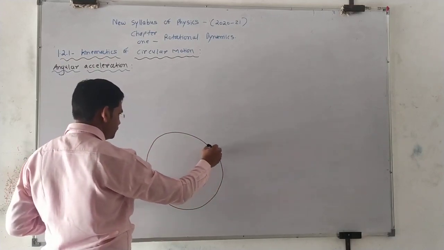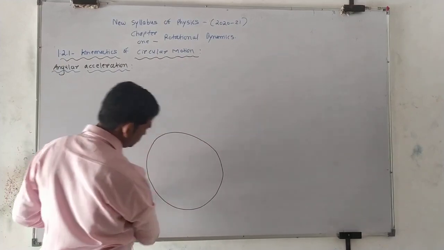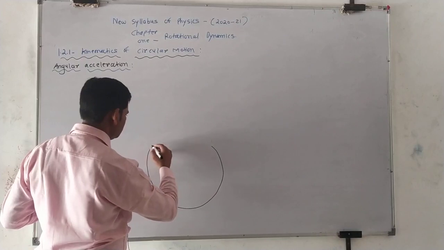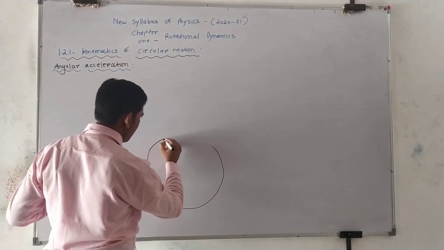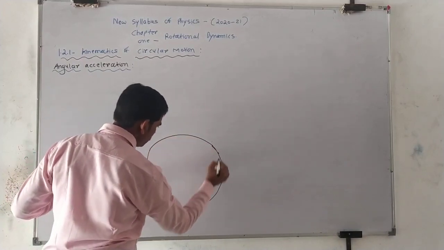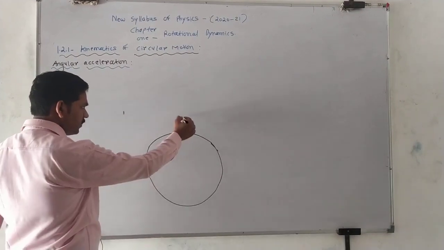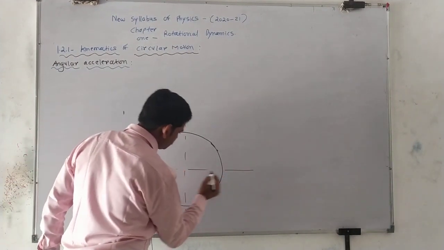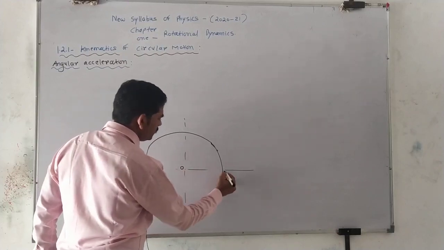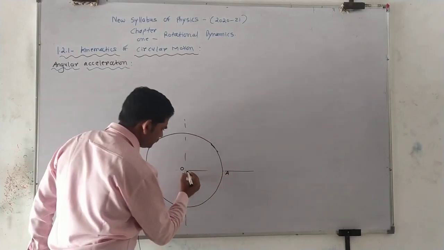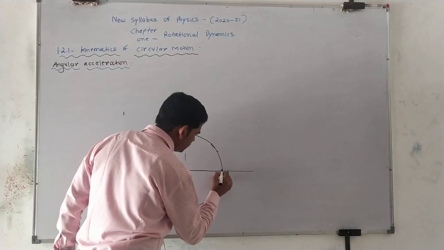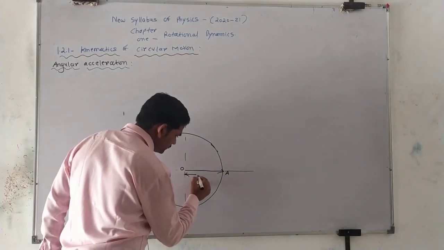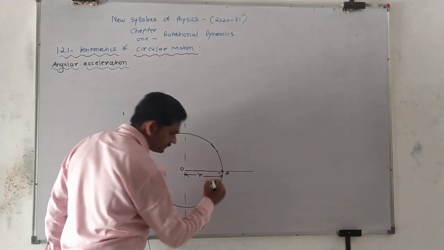Draw one circle, then draw the center lines of the circle. This is the center O. This is the point A, and OA is the radius vector or position vector. The magnitude will be R, right?